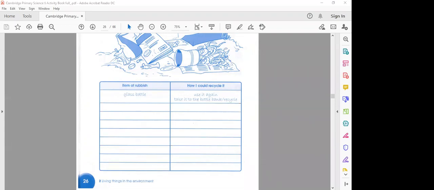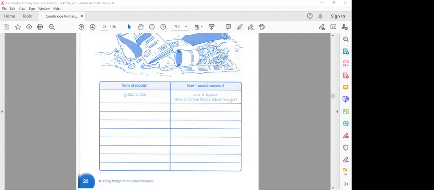Kshitija, how many have you written? Amar has written recycle the newspaper, and plastic bottles put in recycle bin. How could I recycle it? Amar, what have you written? Yes, we will put it into the recycle bin, but how do we recycle a plastic bottle?